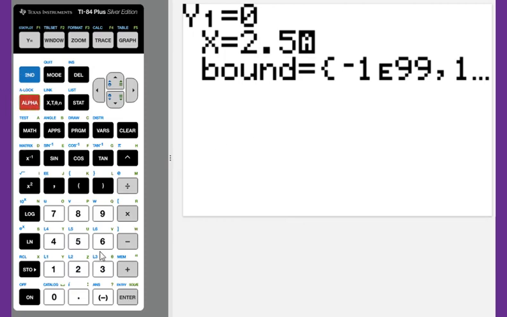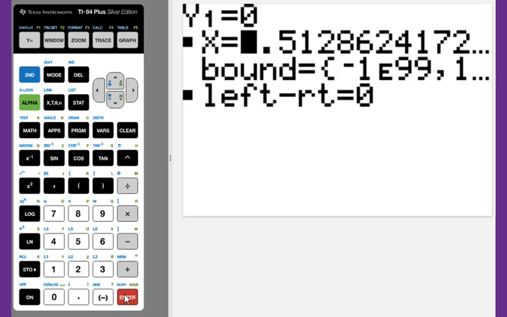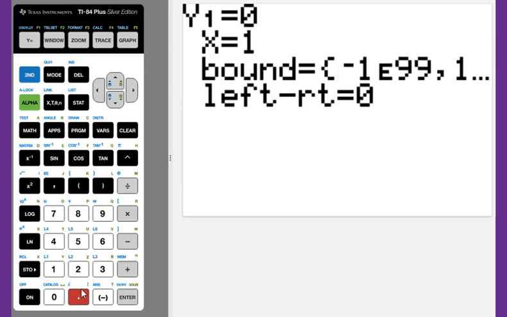Then I do alpha, enter. 4.5 is out of range of 4, so it's not good. You can say it's 1.5. Then do alpha, enter. See, they give you x equals 2.